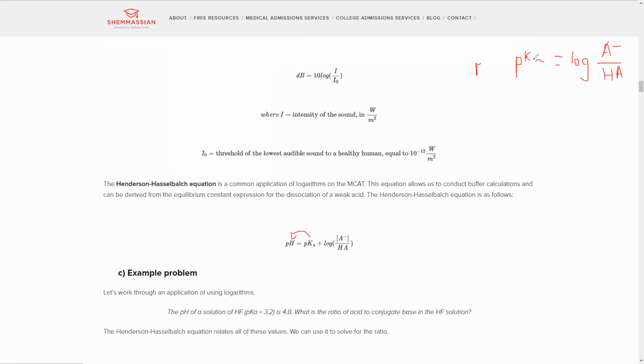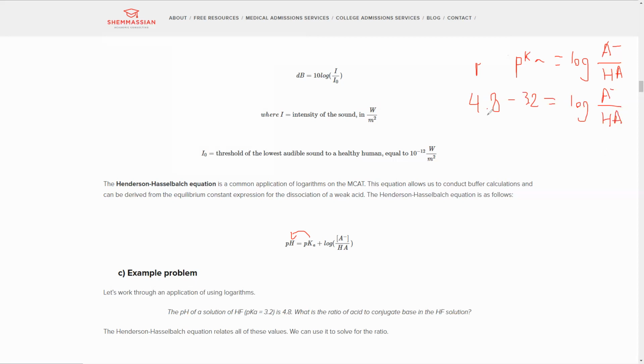Now we can plug in the values. The pH is 4.8 and the pKa is 3.2, equal to log A minus over HA.